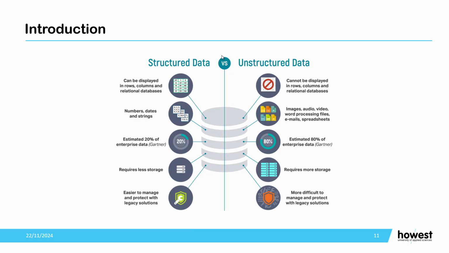You have two types of data. On the one hand, you have structured data, which is the typical spreadsheets that you might think of, Excel files, CSV files, and so on. Can be every type of data, numbers, dates, and strings. But you can see that actually only a small part of enterprise data is structured, 20%, versus the 80% that is unstructured.